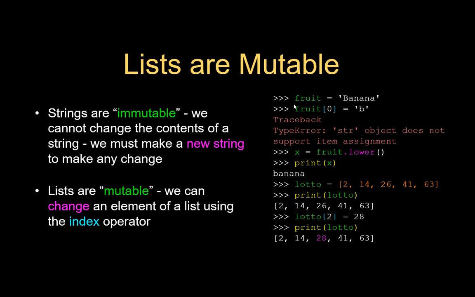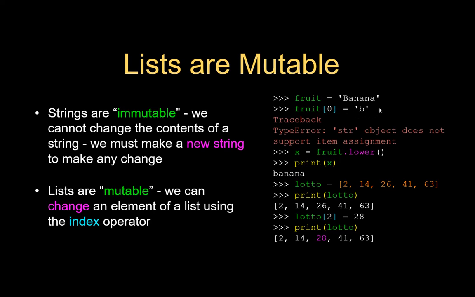For example, we have a string and we are assigning banana to it, and the way that we can call this string content is fruit of 0, for example.